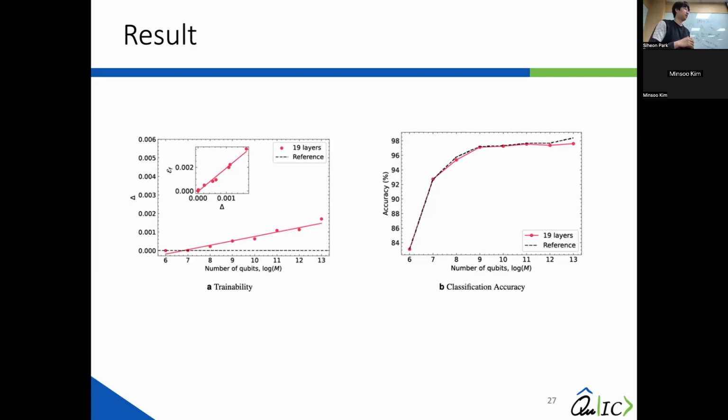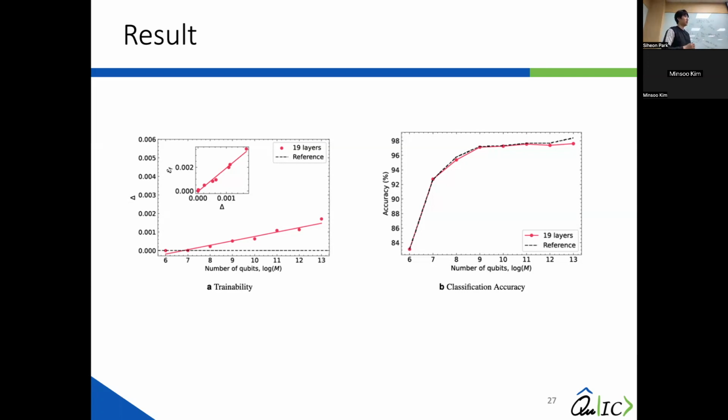Okay. Yeah, but what if, since you increase the number of qubits, you also do some modification in the data, right? Like the data you used. What do you mean by modification? Like, what is the number of qubits for the ansatz?